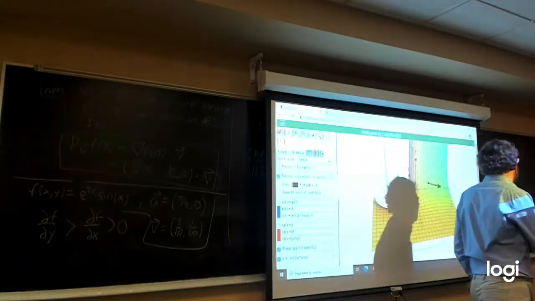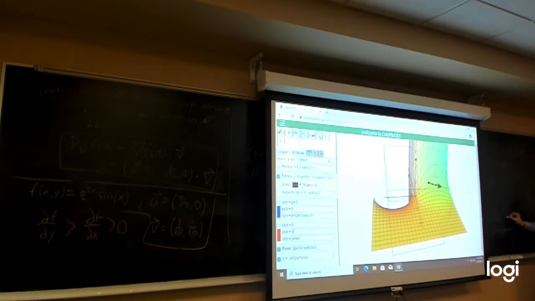Well, we found the slope in that direction. It came out to negative 0.07-ish. Does that sound about right for what you were saying?